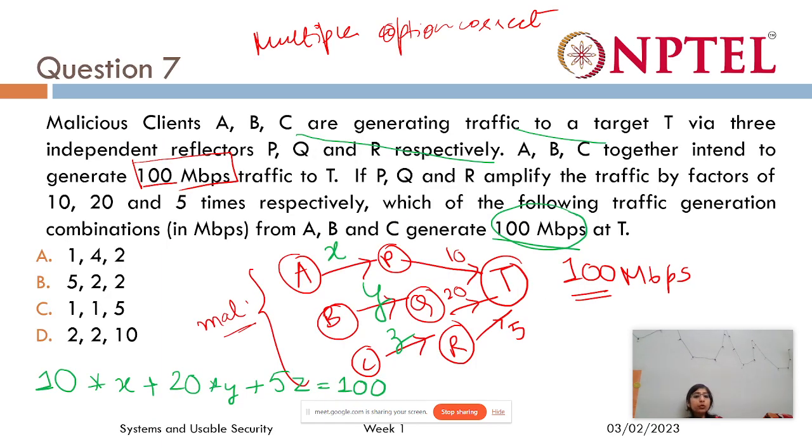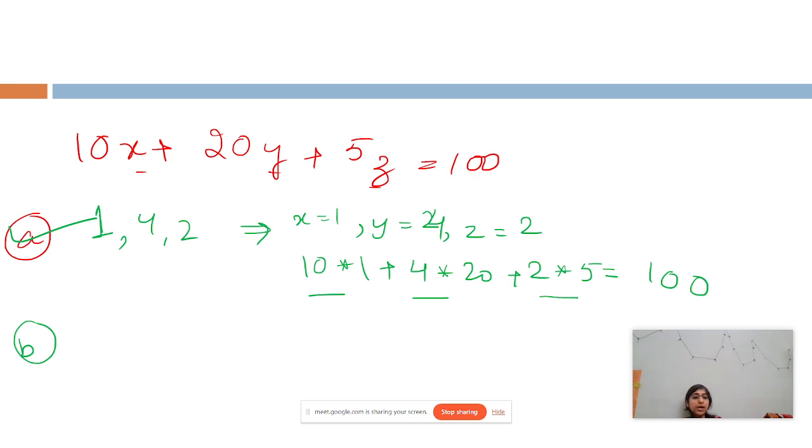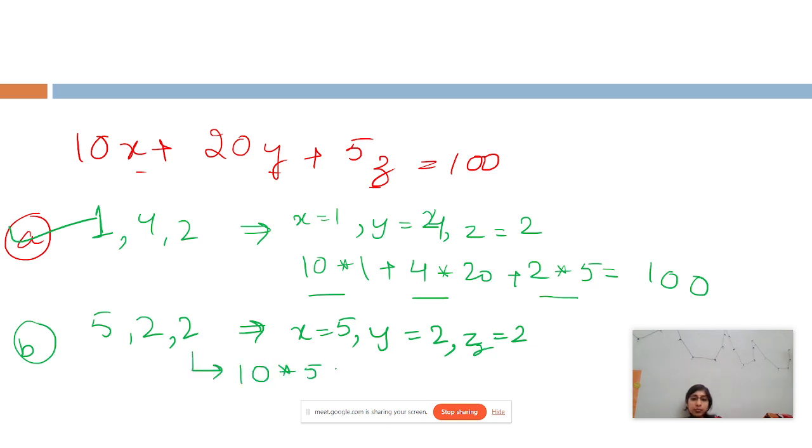Okay. Going for option B, where it says 5, 2 and 2. Let's substitute these values as well, where x is 5, y is 2 and z is also 2. 10 into 5 plus 20 into 2 plus 5 into 2. So this is 50, 40 and 10.